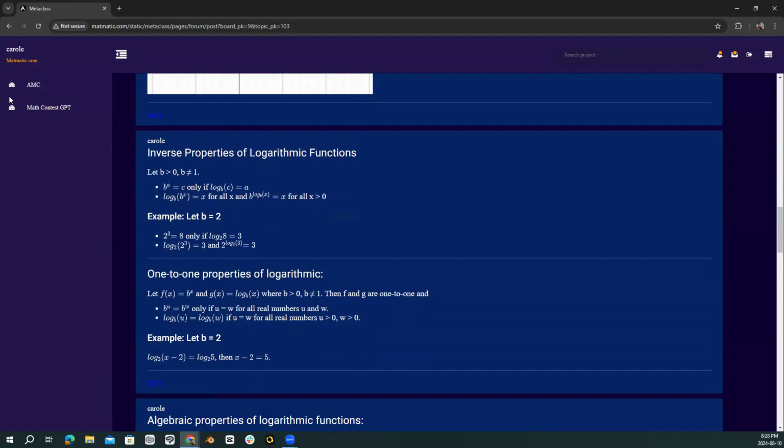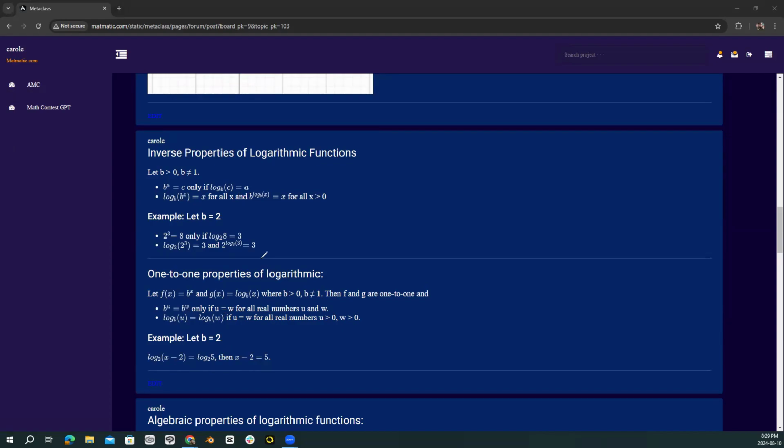Next, we're going to talk about the inverse properties and the one-to-one properties. Actually, we already kind of talked about these, because the inverse properties are literally just e to the power of a equals c if log base b of c is equal to a, which we already talked about earlier, and the one-to-one properties we also talked about earlier.